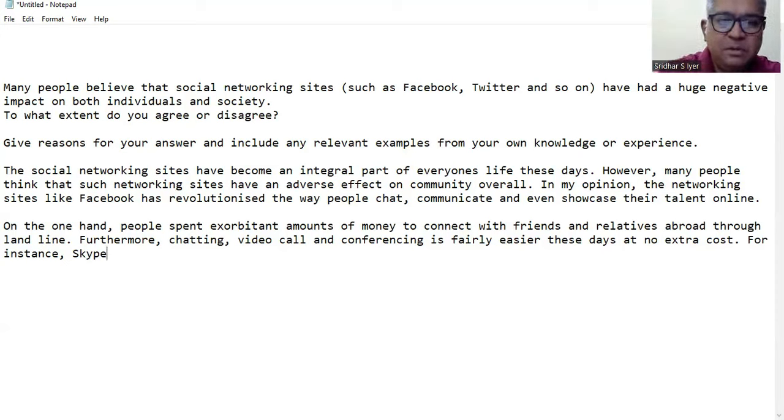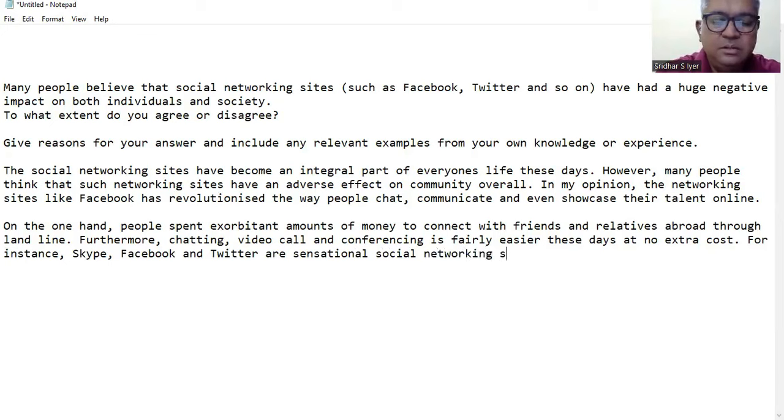So Skype, comma, Facebook, we can add it up, and Twitter are sensational social networking sites other than WhatsApp and Snapchat or Telegram.